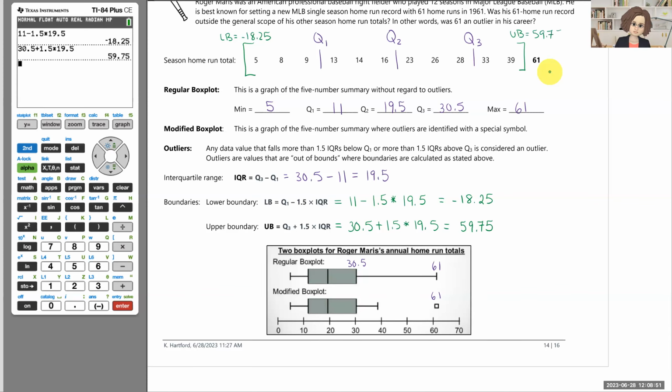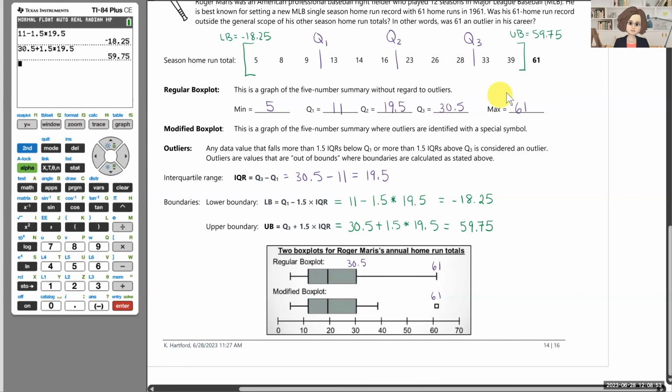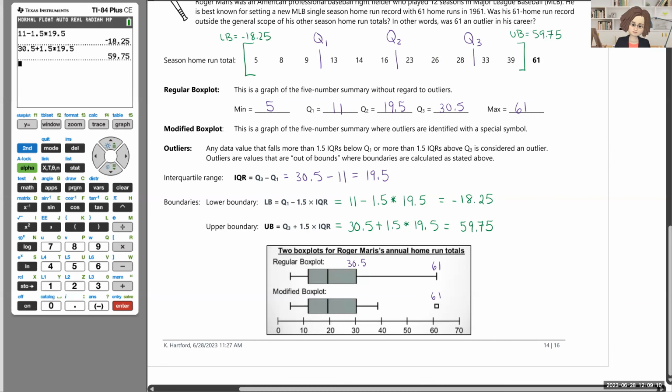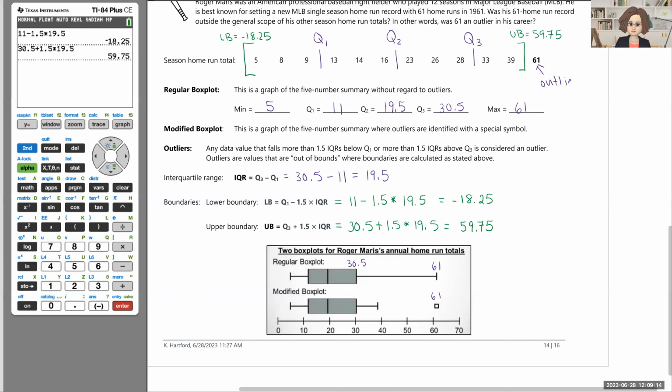All right, so any number that's not within the boundaries is designated an outlier. So now I can see that 61 does fall beyond the upper boundary. It is outside the boundaries. So that value is considered an outlier. And we'll use a special symbol to identify it when we do a modified box plot.